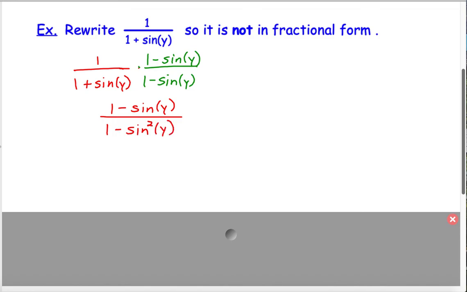Now if you don't see that, then go ahead and multiply the first and the last and the inner and the outer, and you'll see that the middle terms are going to cancel. So let me get rid of those. There, and there. And you'll wind up with 1 minus sine squared in the denominator. Now, what's 1 minus sine squared?